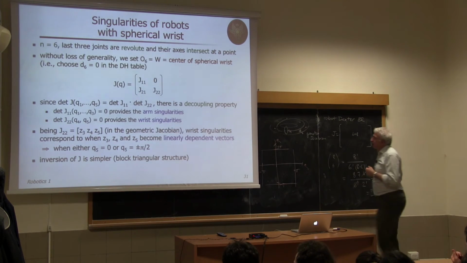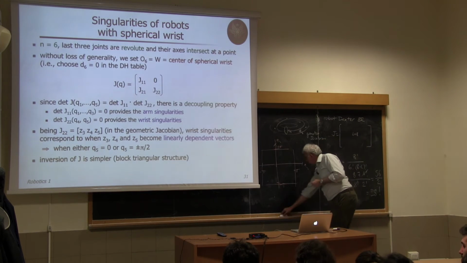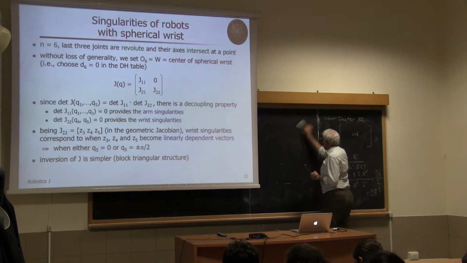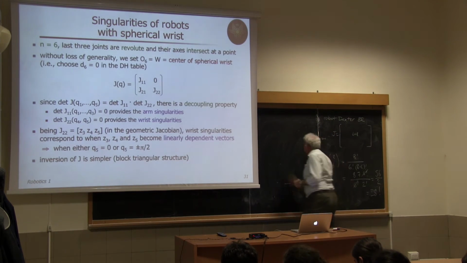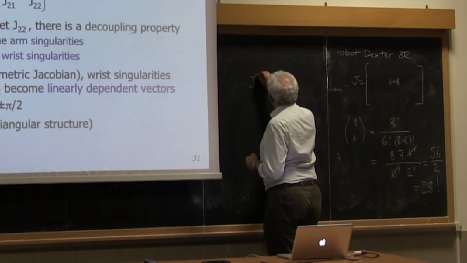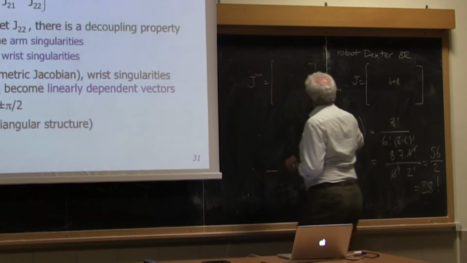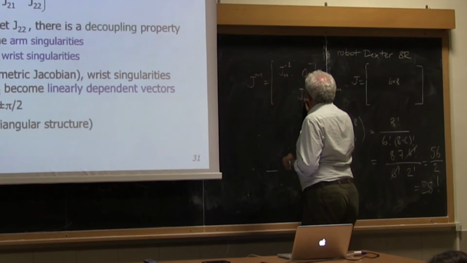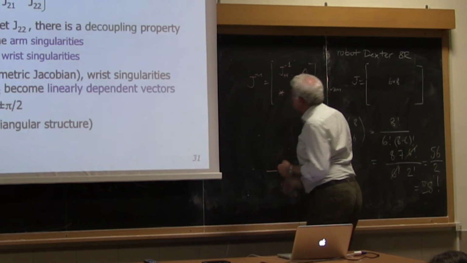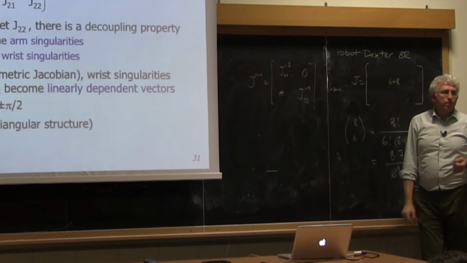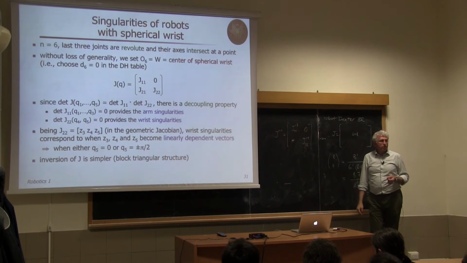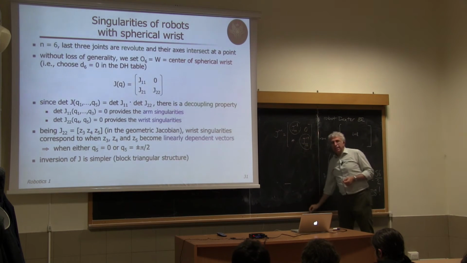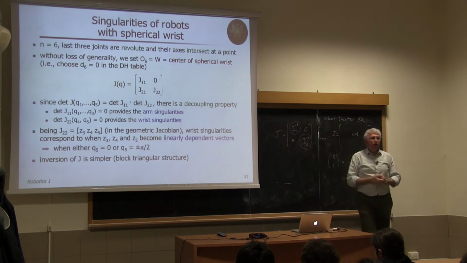But remember that the inverse of a block matrix like this, J to the minus 1, has the same structure, and here you have the inverse, and here you have something which you may compute by just the identity. But then you find the inverse in the diagonal block of the element. Okay?